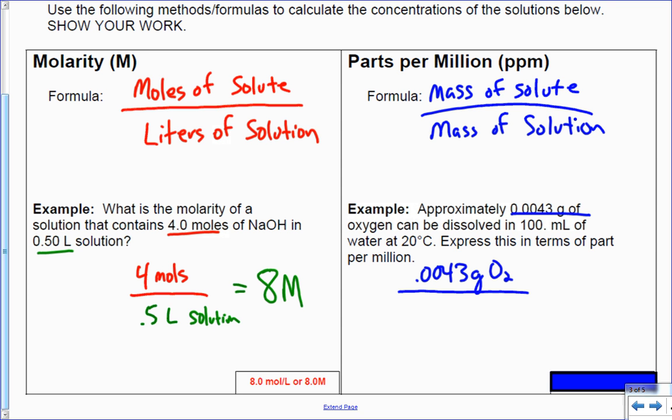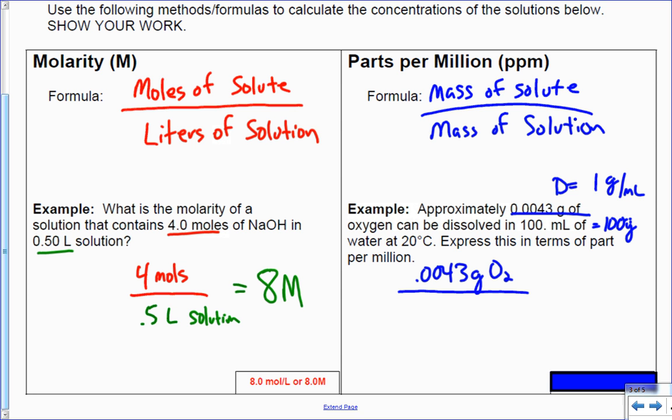Well, being that it's water, it's actually not that big of a problem, because I know that water has a density of 1 gram per milliliter. So if I have 100 milliliters, that should equal 100 grams.